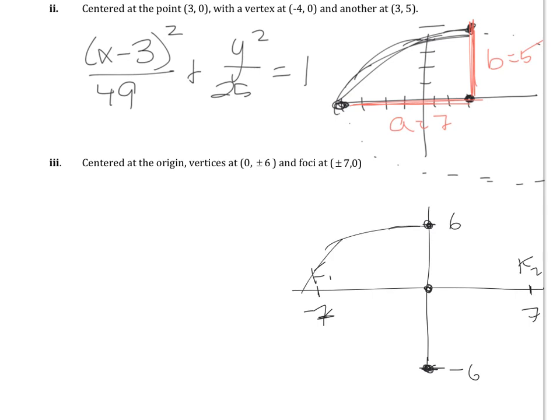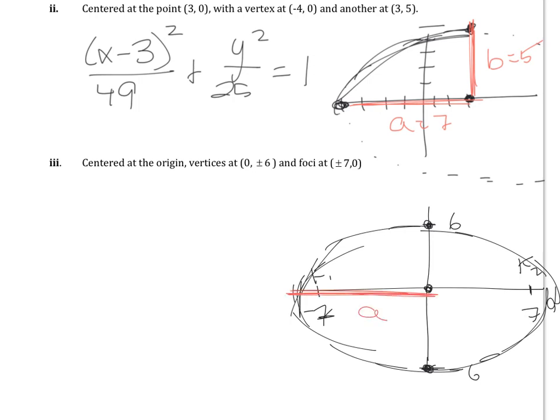So this is going to be something out here, right? The other vertices are going to be outside of the foci. So we can tell that this is going to be our a value here, whatever that might be. This is our b value. So remember our handy formula, c² = a² - b². Before, we were using it to find c.